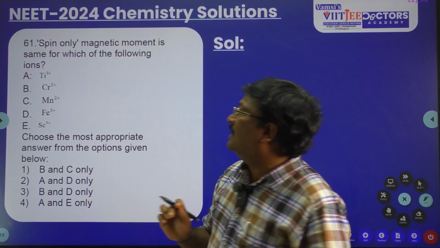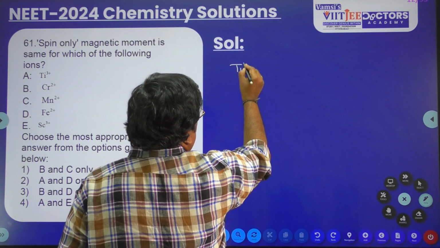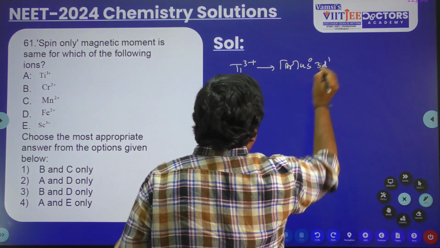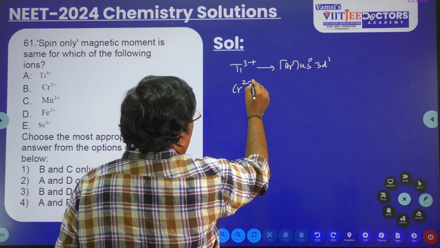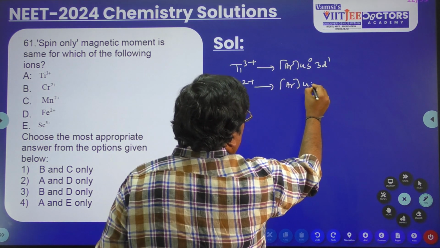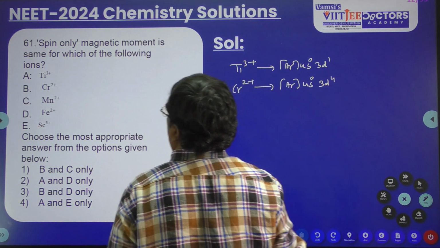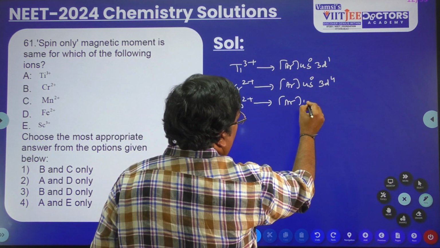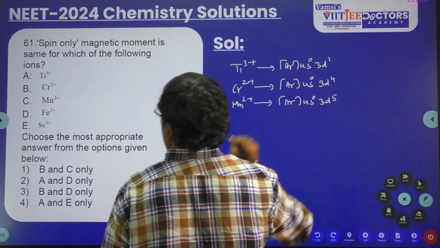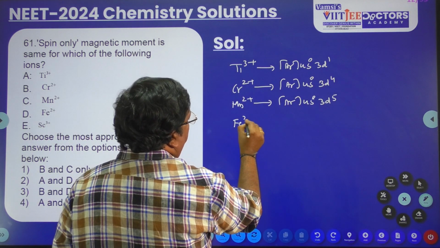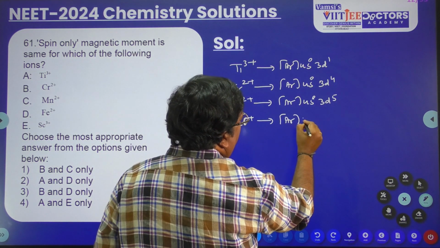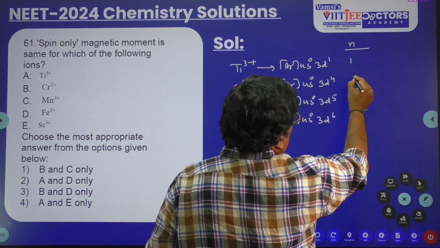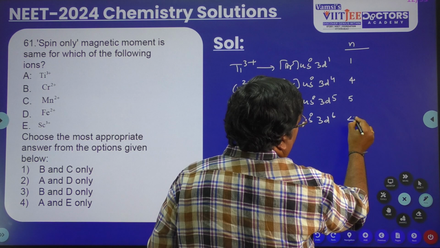Titanium+3: argon core 4s0 3d1. Chromium+2: argon core 4s0 3d4. Manganese+2: argon core 4s0 3d5. Fe+2: argon core 4s0 3d6. The number of unpaired electrons is 1, 4, 5, and 4.